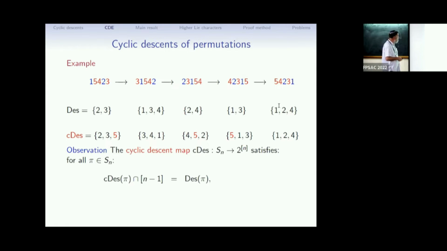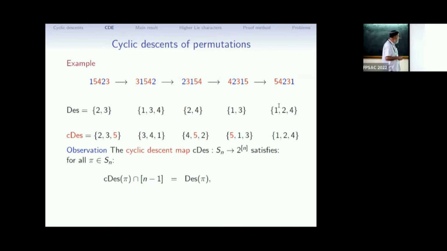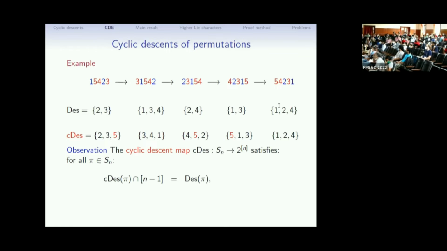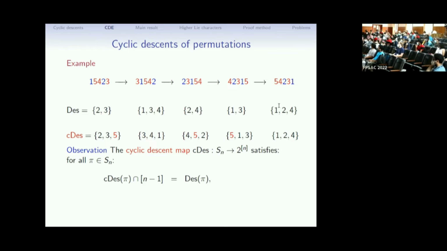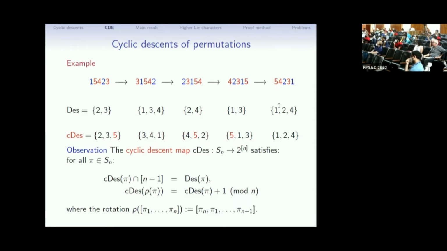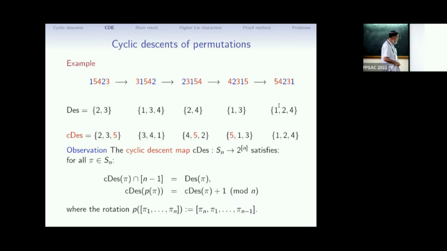Another property is that if we delete the letter n, we recover the descent set. So the cyclic descent set of the rotation action on the symmetric group satisfies, first, that if we delete n from the cyclic descent set, we recover the descent set. And second, there is a rotational shift that increases the values of these descents by 1.